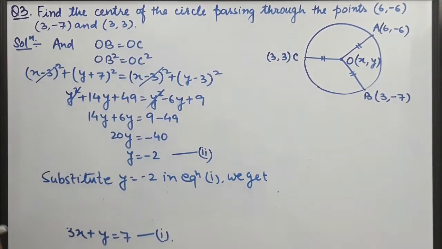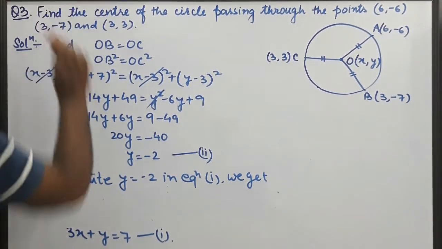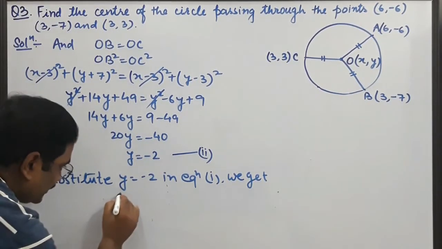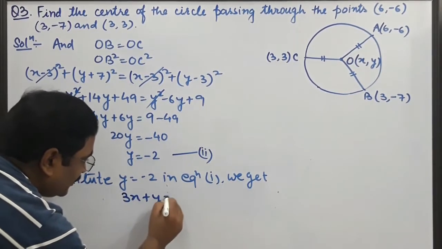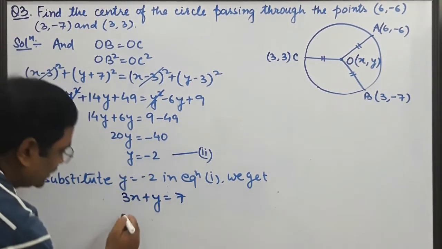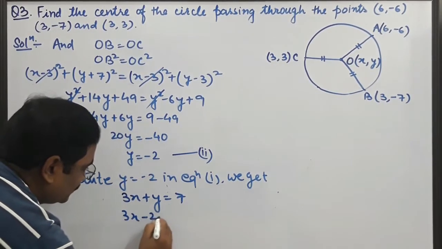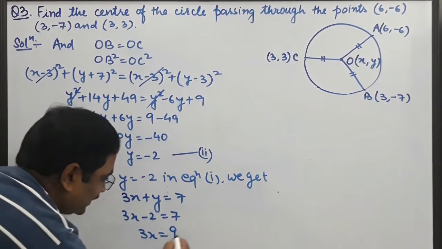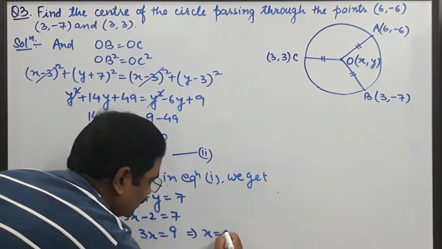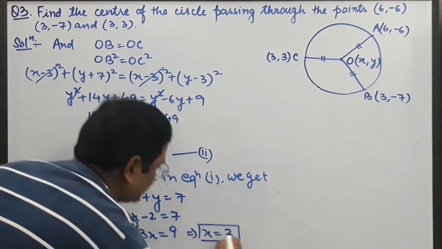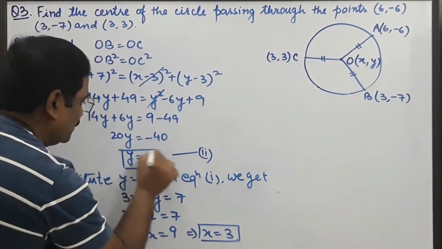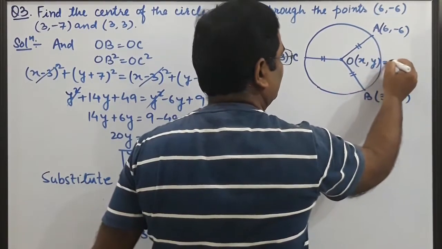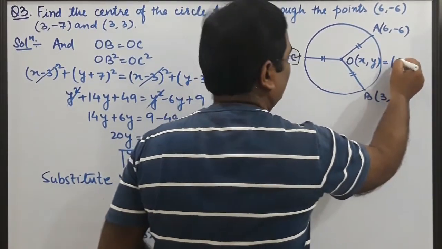Equation first is 3x plus y equals 7. Substituting y equals minus 2, 3x minus 2 equals 7. You will get 3x equals 7 plus 2, which is 9. Therefore x equals 3, since 3 threes are 9. This is the value of x, and the value of y was minus 2. Therefore the coordinates of the center are 3 comma minus 2.